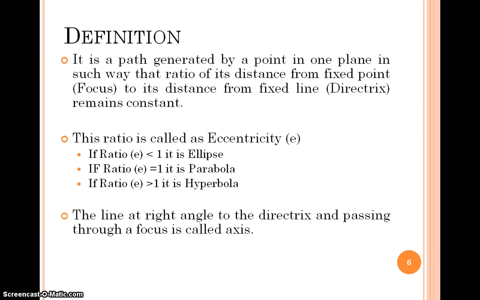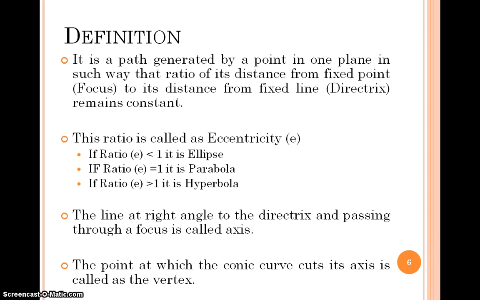The line at right angle to the directrix and passing through its focus is called the axis. Then the point at which the conic curve cuts its axis is called the vertex.